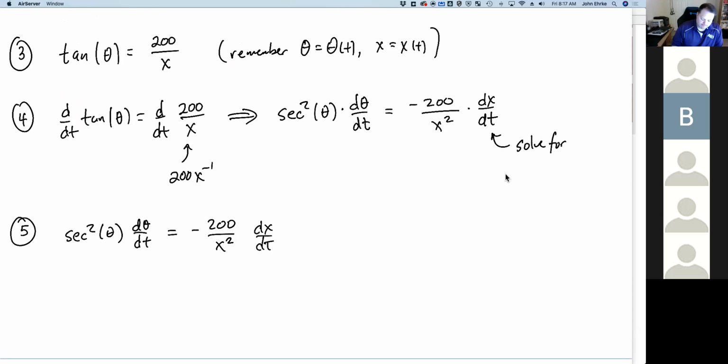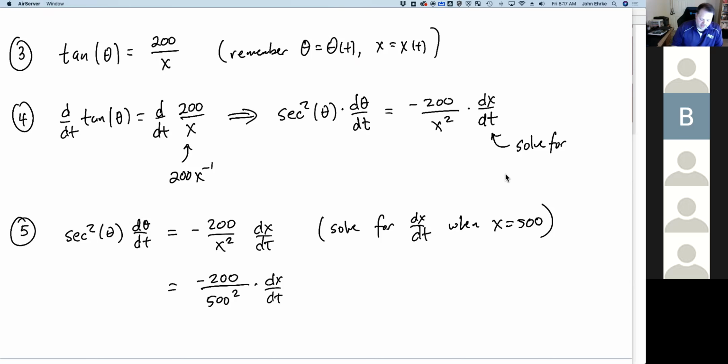There are a couple of different ways I can go about this. My preference is to substitute in numbers and then do the arithmetic. So the first number I substitute in is for solving dx/dt when x is 500, which is the rate we want to find. If x is 500, I can make this minus 200 over 500 squared.